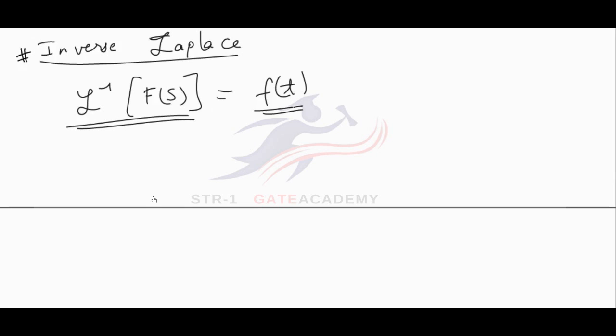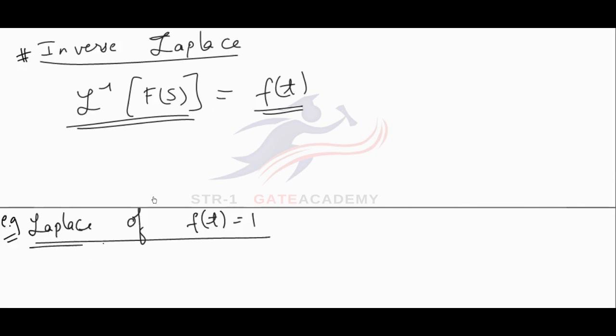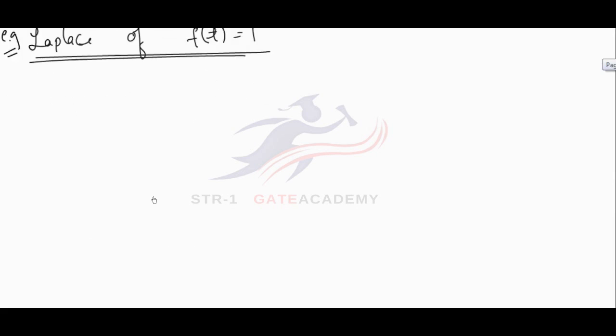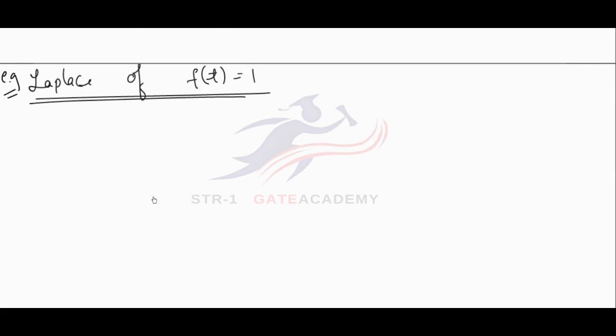Okay. Let us understand some basic formulas of Laplace. I'll give you the basic idea. Let's say I want the Laplace of f(t) equals 1. So what will be the Laplace of f(t)?